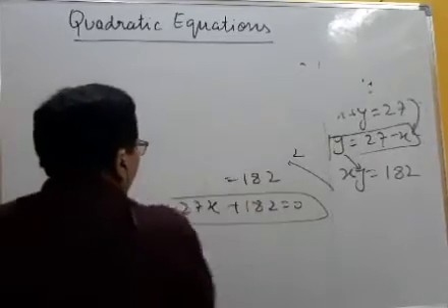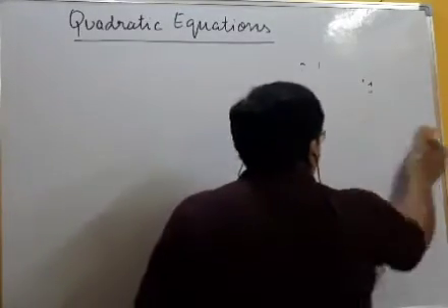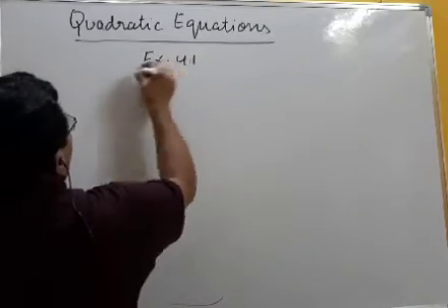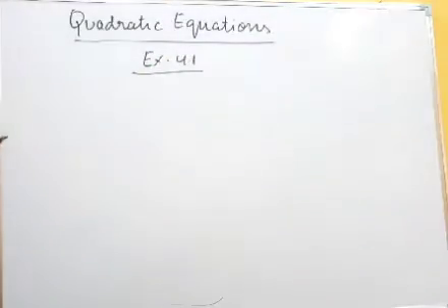First of all, in chapter number 4, the first exercise, you have to check whether the following are quadratic equations or not. First of all, exercise 4.1. Directly you cannot decide that it is quadratic.